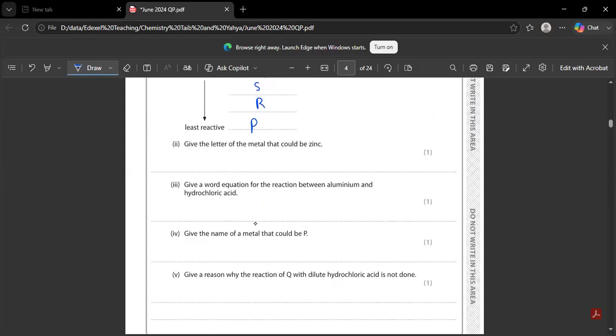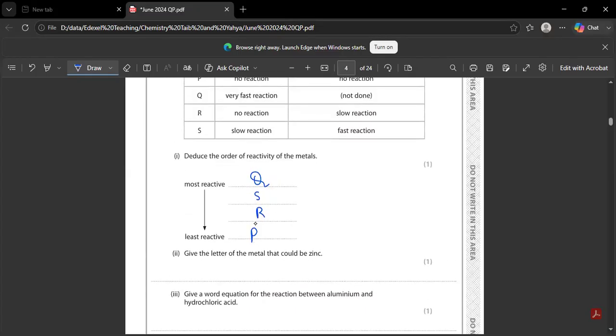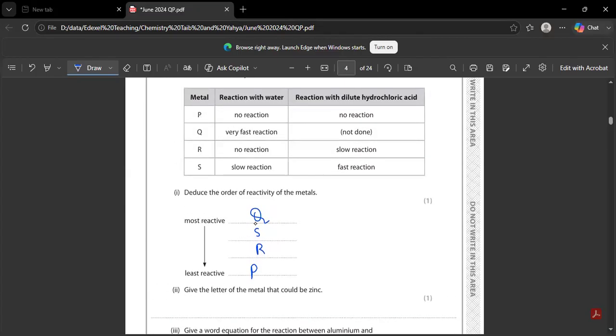Sir, how is S more reactive than R? R should be more reactive than S. Why is it not showing any reaction with water? But if we compare the hydrochloric acid result, we see that S is reacting faster than R. But look at the reaction over here, it is saying no reaction.